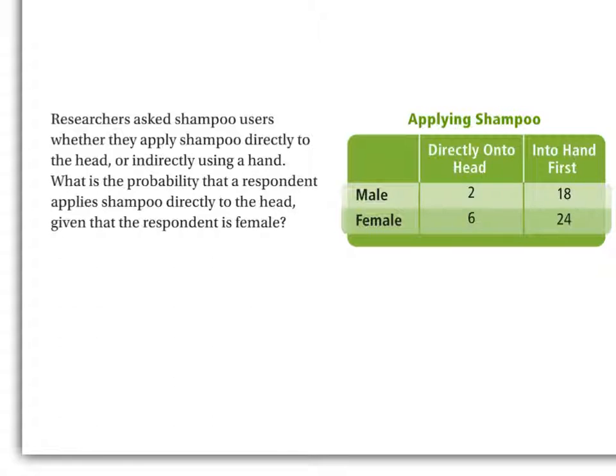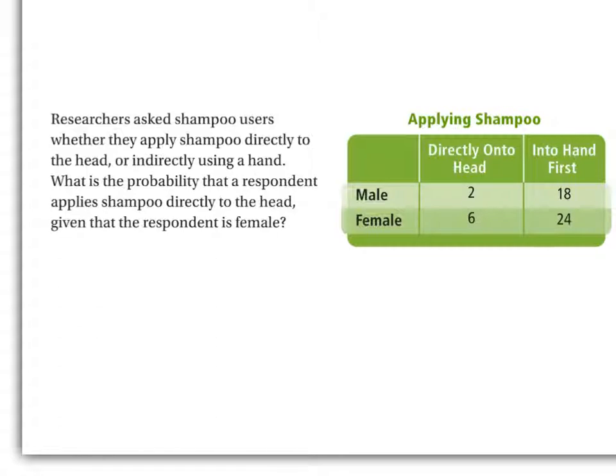So it's broken into gender, male and female, and it's broken into the people who apply shampoo directly to their head versus the people who apply shampoo to their hand and then put it on their head. Okay? So, now I find it humorous because I never knew anybody to put it directly on their head until a couple years ago. Again, I did this problem and one student asked, "What, doesn't everybody do that?" I was like, no, a lot of us don't, but apparently some people do. That's a thing people do.